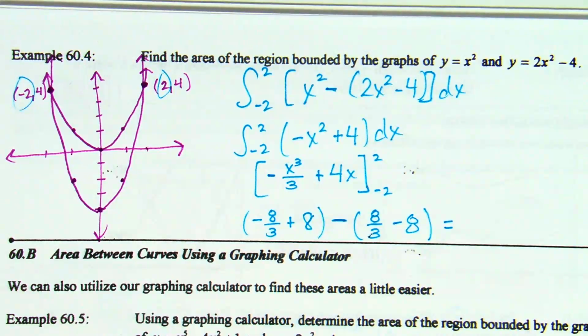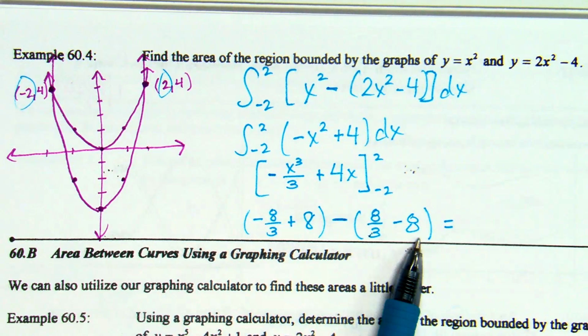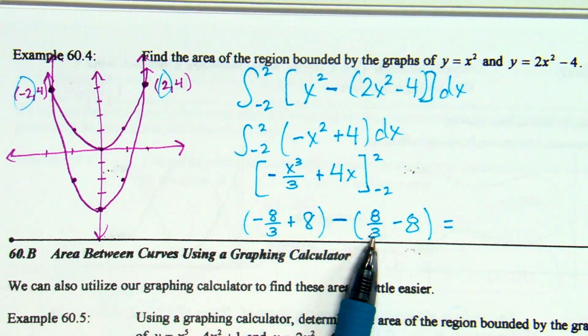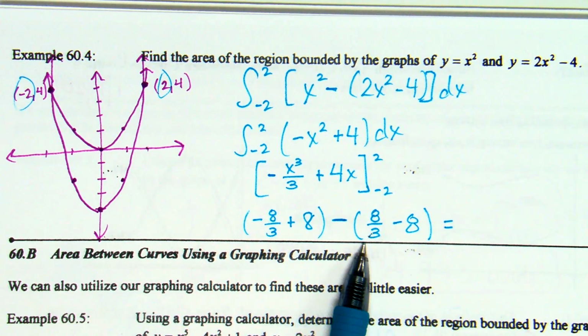How do you guys want to do this? There's a couple of different ways you can do it. This is 8 minus negative 8, right? So 8 plus 8, which is 16. Here you've got negative 8 thirds minus 8 thirds, which would be negative 16 thirds.